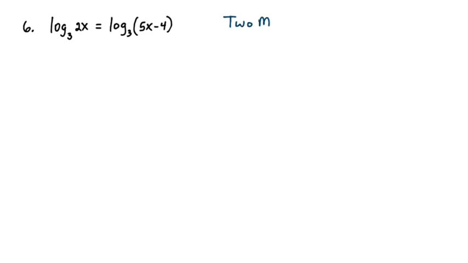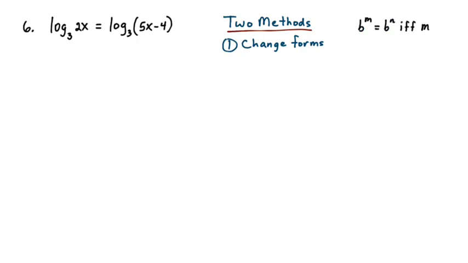Well, I want to remind you here, so we have two methods. We already talked about the changing forms method. So I want to remind you of a property that we looked at earlier when we were solving exponential equations. B to the m power equals b to the n power if and only if m equals n.